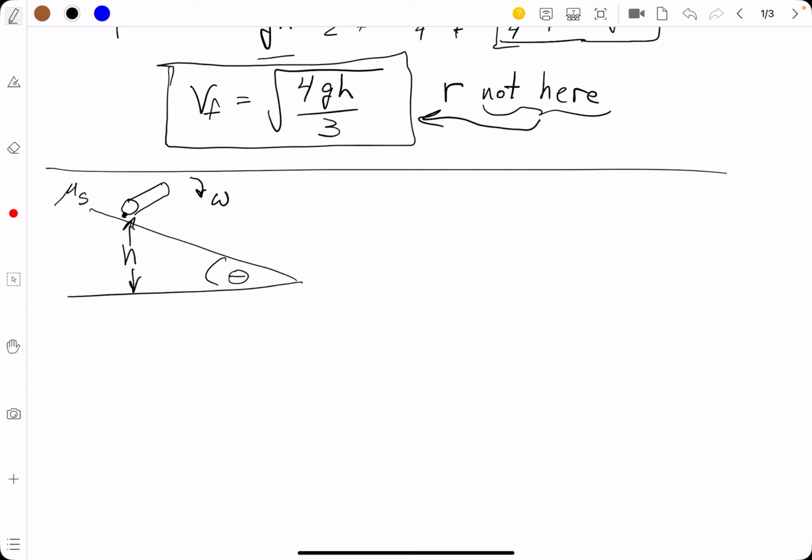All right, let's give ourselves some numbers. Height, 2 meters. Mass of the can, solid disc, whatever.